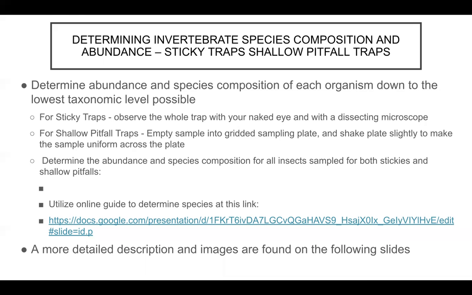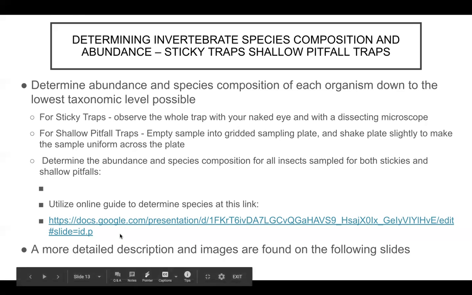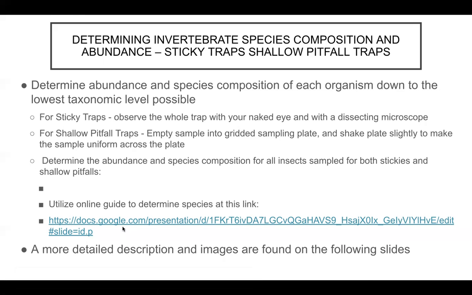Particularly for the stickies and the shallows, I don't think that you will ever encounter a species that is not already identified in the bug guide. This bug guide is pretty comprehensive and has been created from the vacuum samples.